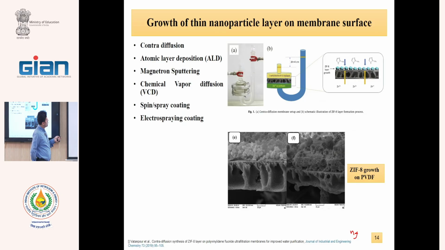It is put in the cell between two solutions. We have one solution on the top of the membrane and another solution on the bottom of the membrane, and we have this U tube, or instead of a U tube, we can use a pump. Why do we use a U tube?